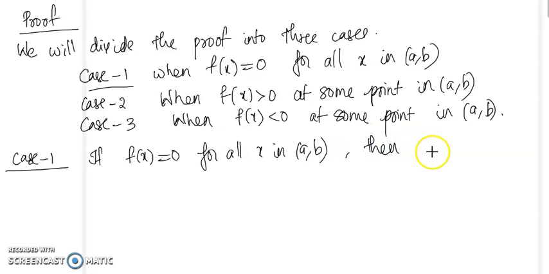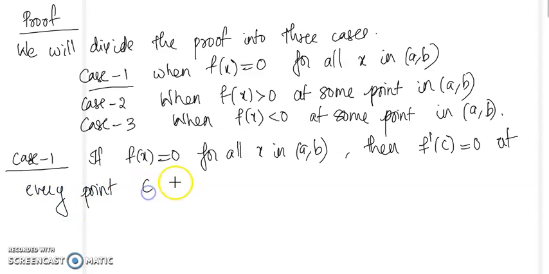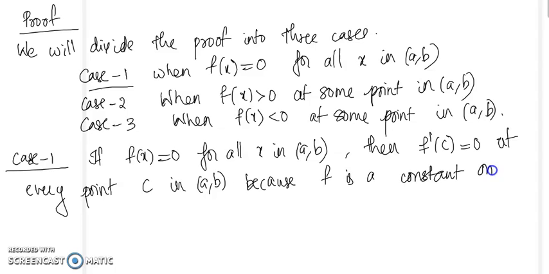Then in that case, since the function is differentiable, f dash of c is equal to 0 at every point c in the interval AB, because your function is actually 0, because f is a constant function on that interval. So, therefore proof holds in case 1.